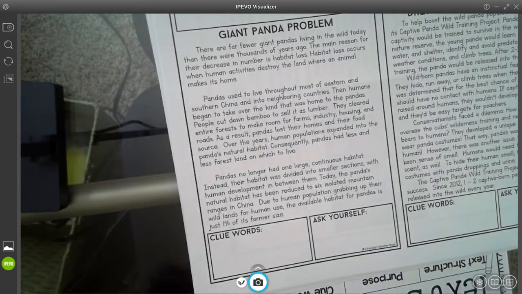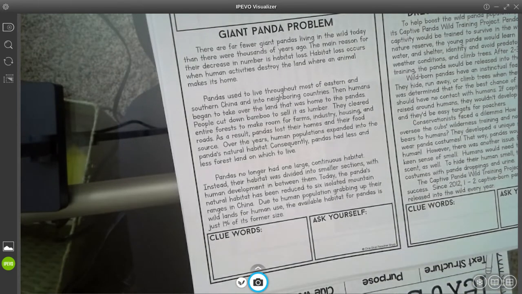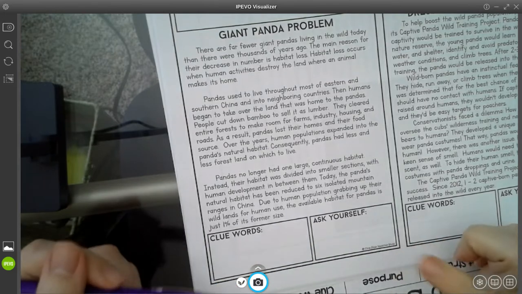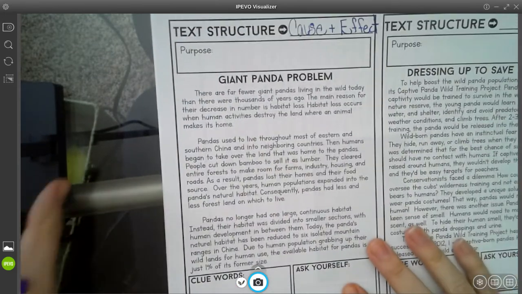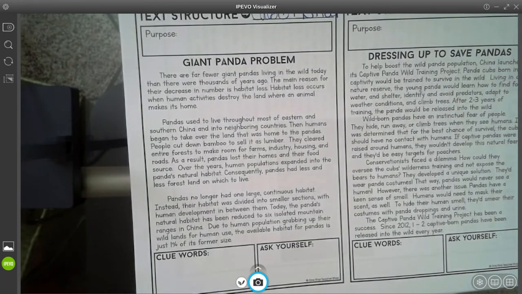Now, a great question to ask if you're trying to decide whether this text structure is cause and effect is: is the author trying to show what caused something to happen? Or is it trying to teach me about the effects of something happening?